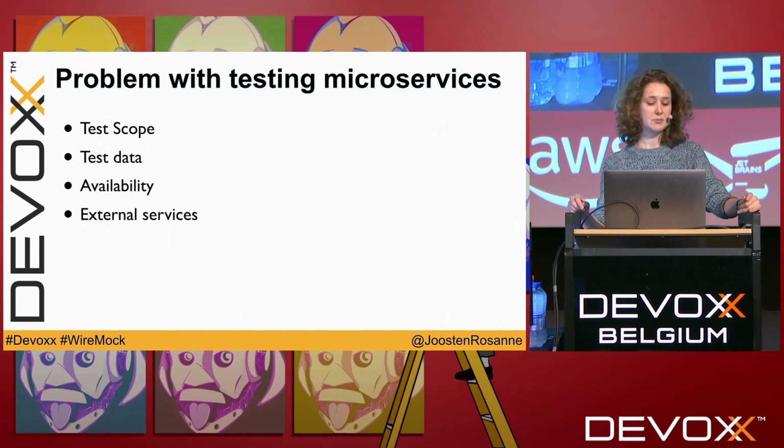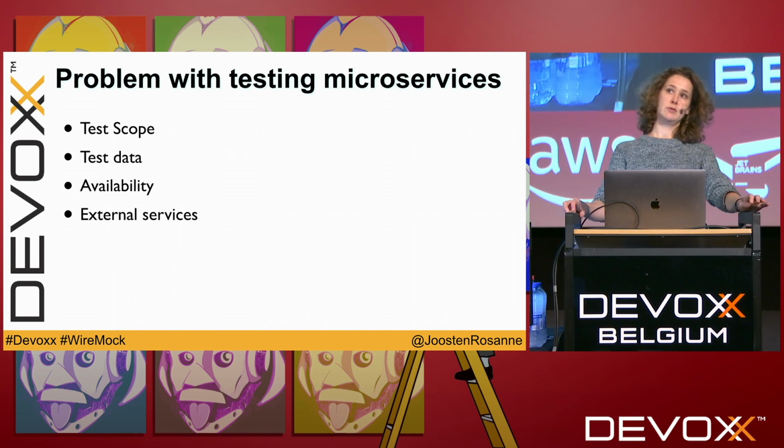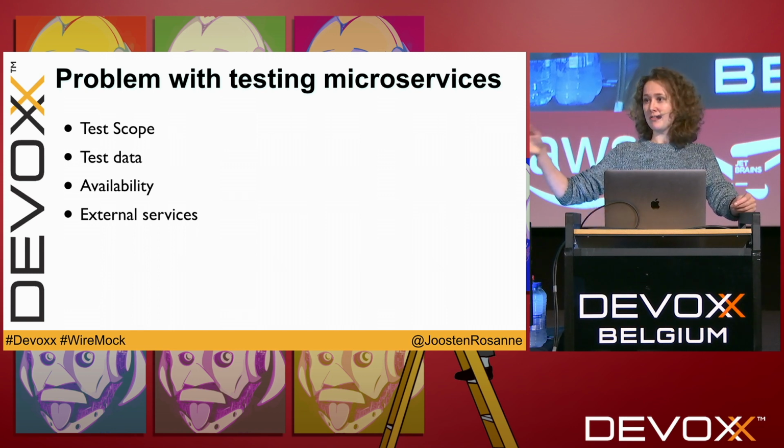Another problem, and this one is more annoying, is when you have automated tests in your build pipeline, for example. When we didn't use Wiremock yet, we had this problem that sometimes in the middle of an integration test or an end-to-end test, it failed because one of our dependencies was being deployed at the moment. So it wasn't available at the time that we needed it for the test.